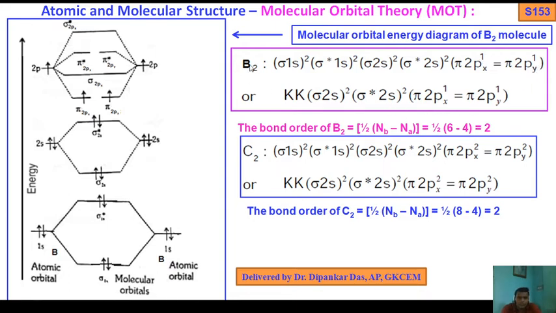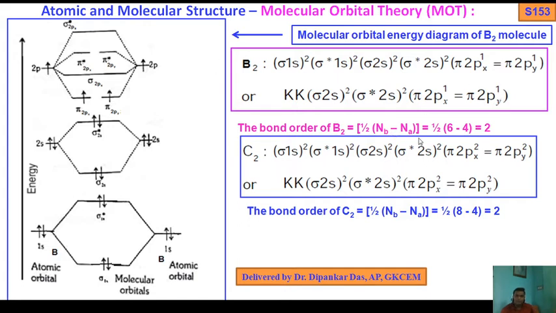So we can write the MO electronic configuration as KK, sigma 2s2, sigma star 2s2, pi 2px1, pi 2py1, because the 1s and 1s are considered as KK, a short abbreviation.